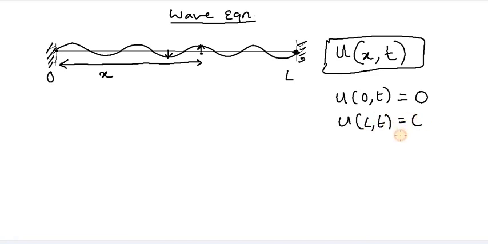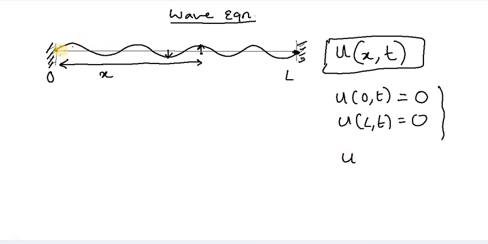We have also mentioned that the string is set to vibrate by giving an external force, that may be by pulling it or by giving a force to some of the points of the string. So we also assume that these are known. That is, we take the initial position.